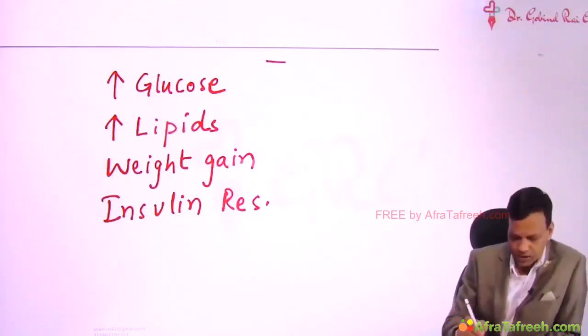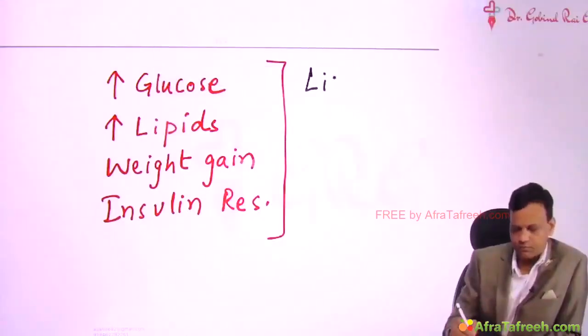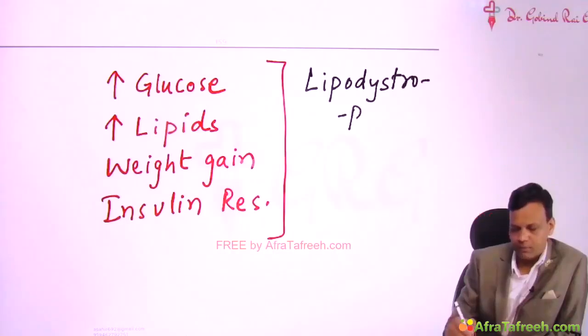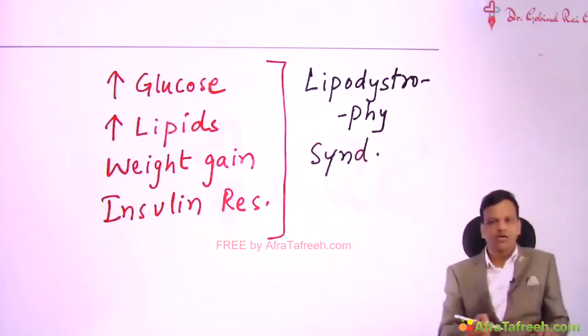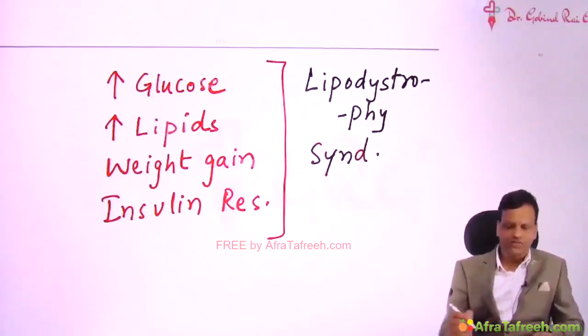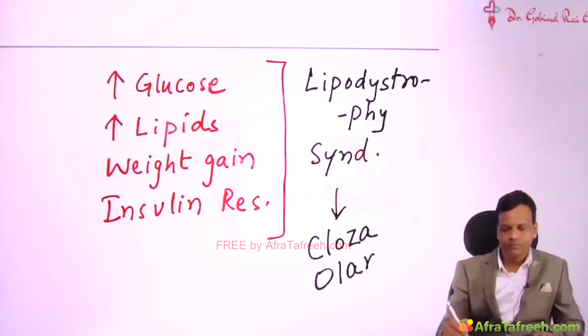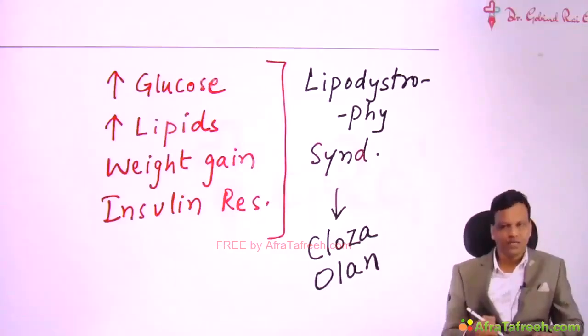Combined together, these are called lipodystrophy syndrome. So atypical antipsychotic drugs can cause lipodystrophy syndrome, and the risk of this side effect is highest in clozapine and olanzapine.